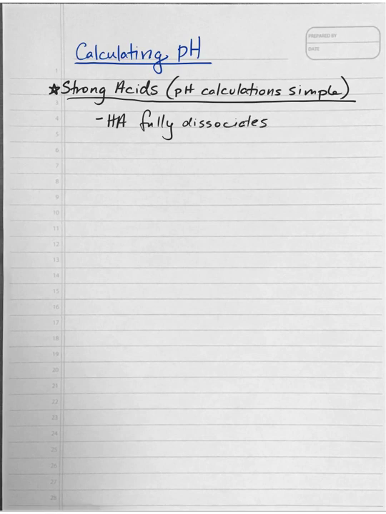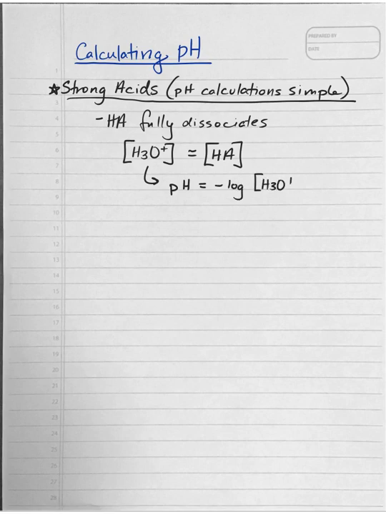Because of that, the H3O+ concentration in solution will simply be equal to whatever the initial acid concentration is, or whatever the HA concentration is. So all we have to do is plug this H3O+ concentration into our equation: pH equals negative log of H3O+.